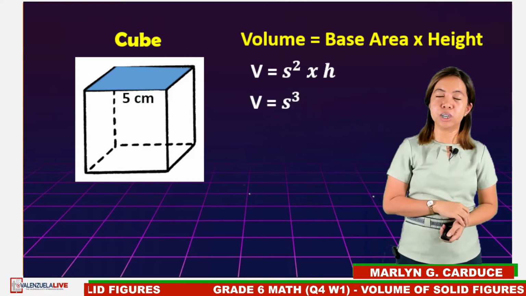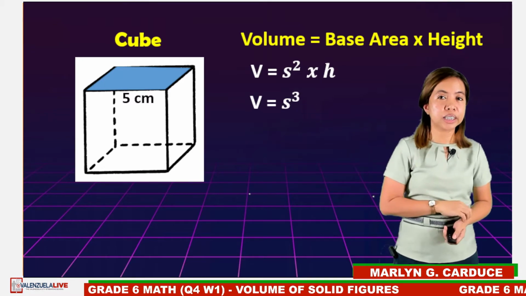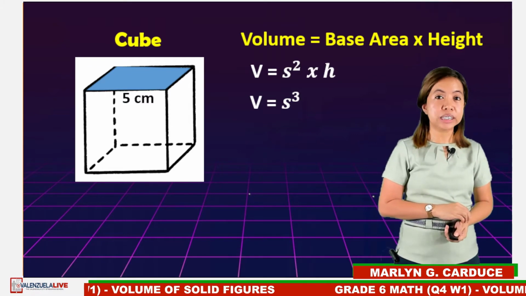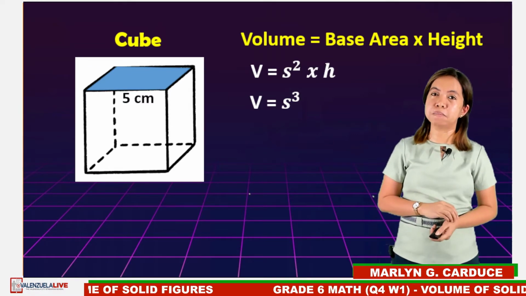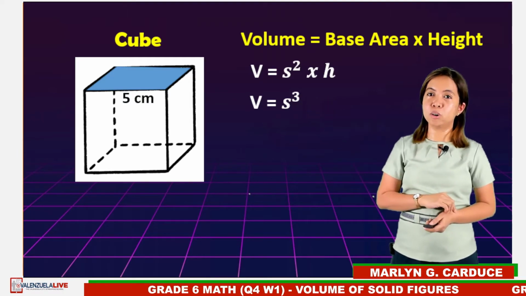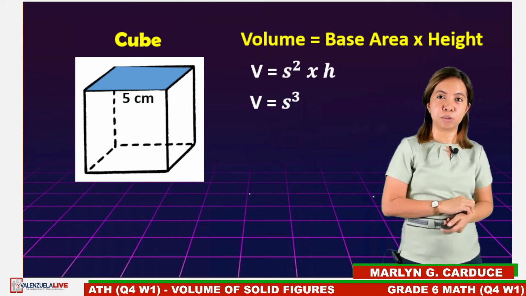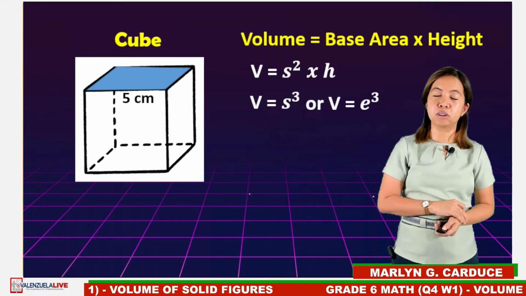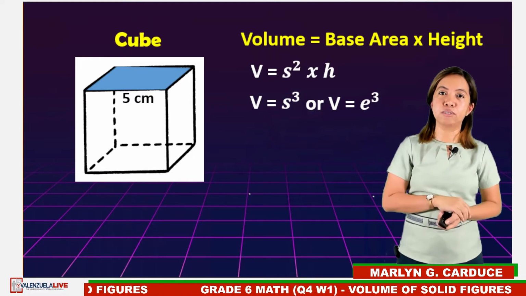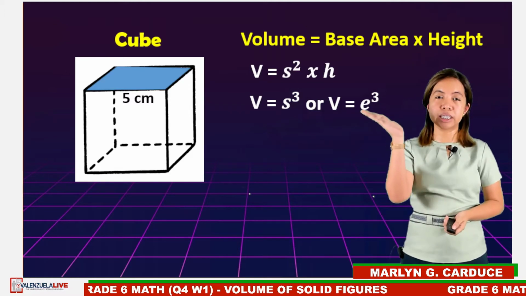Therefore, the volume of a cube can be computed by multiplying the three sides of a cube. Or we can say volume is equal to s cubed.